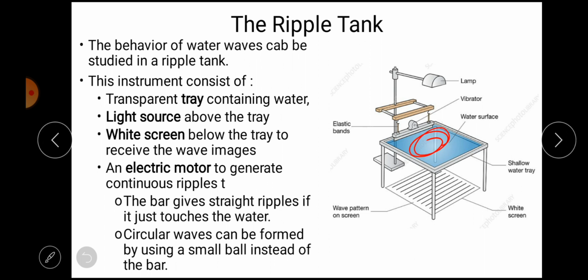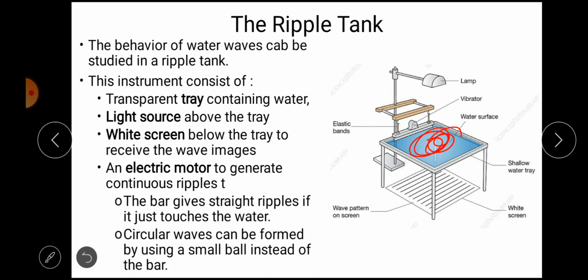In the tray we put a small amount of water so that it is shallow, like 5 millimeters to 1 centimeter deep. So when the light shines over the tray, there are going to be waves forming on the water.